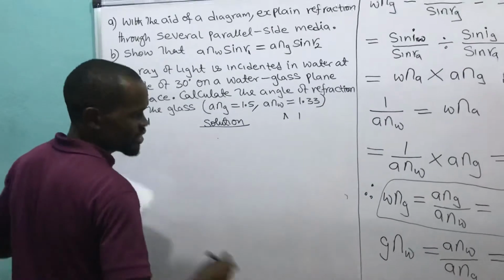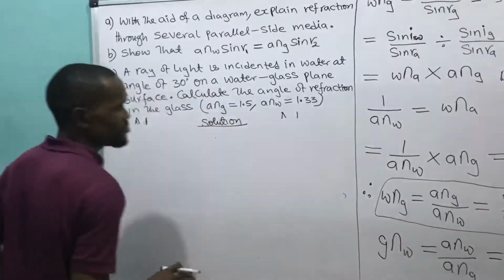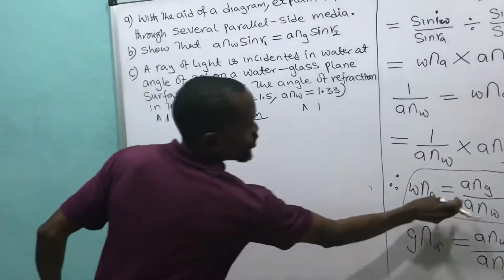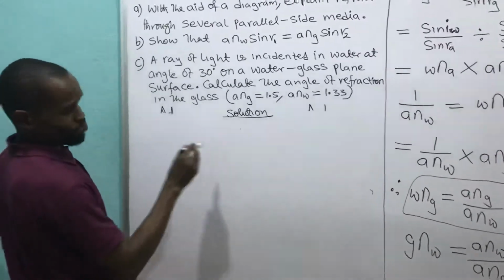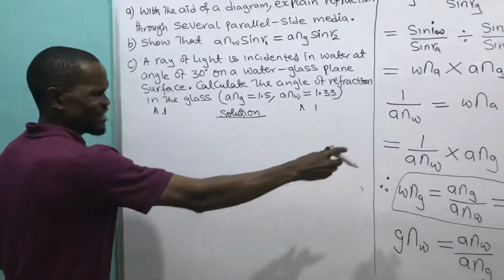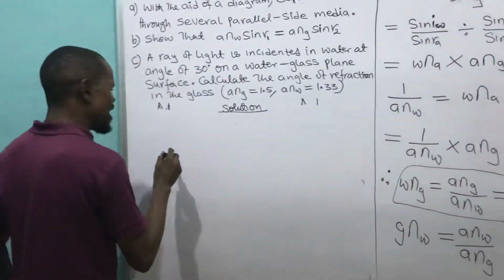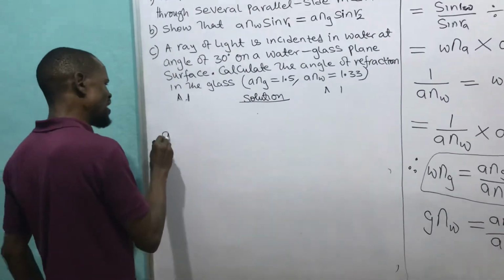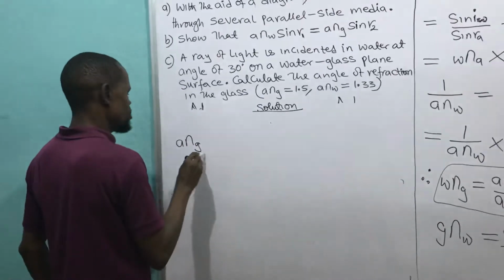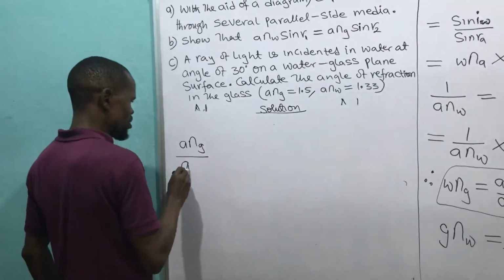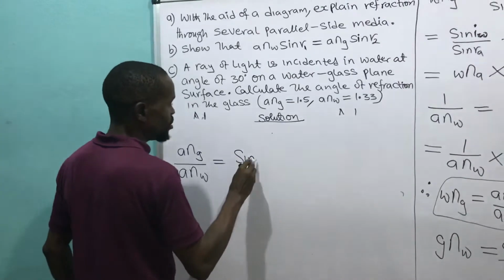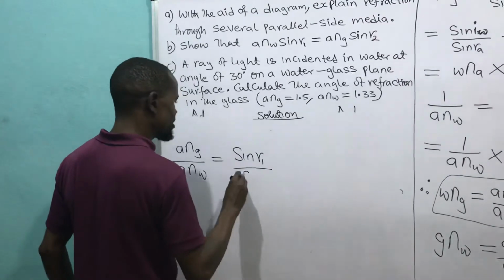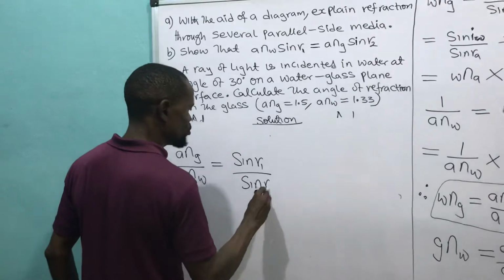Look at what we do. This simply means that this is equal to this. Therefore, I can say that A to glass over A to water is equal to sine of R1 over sine of R2.